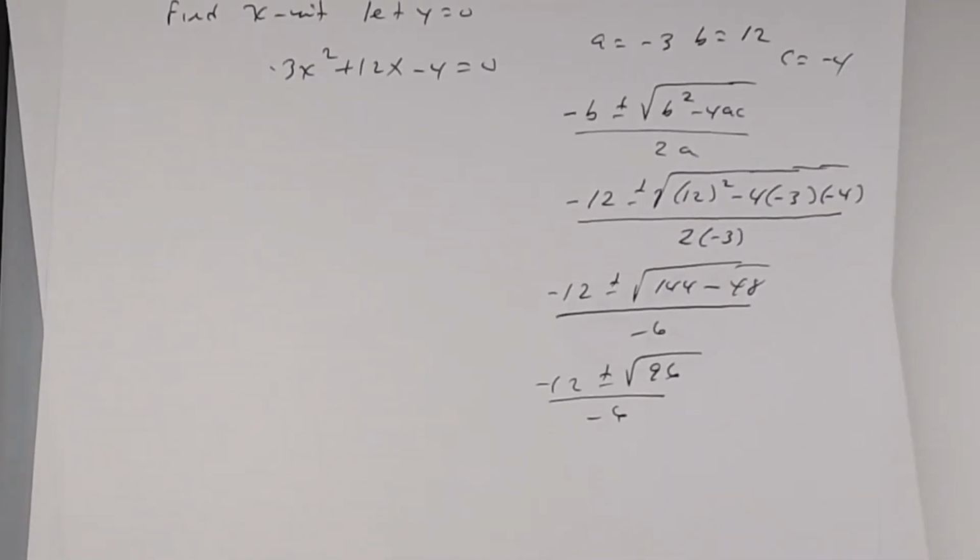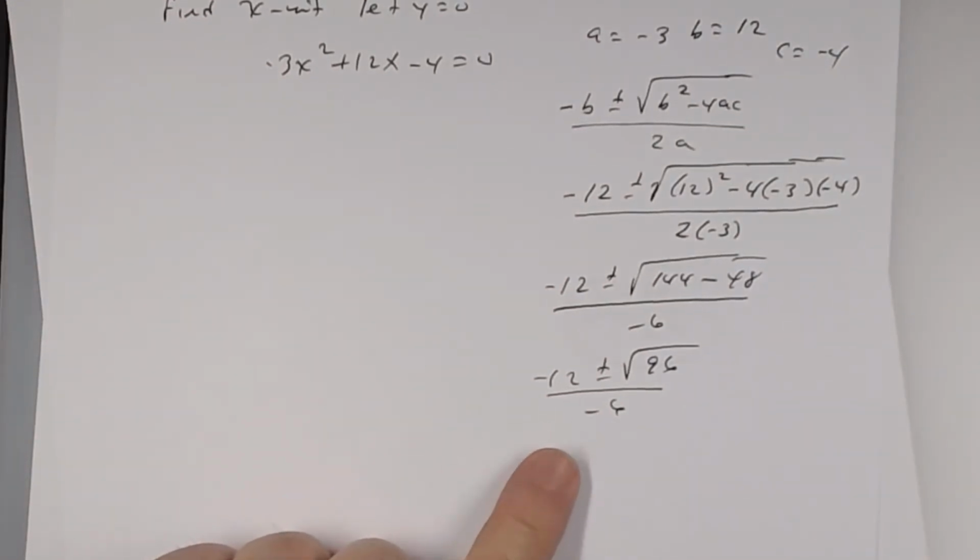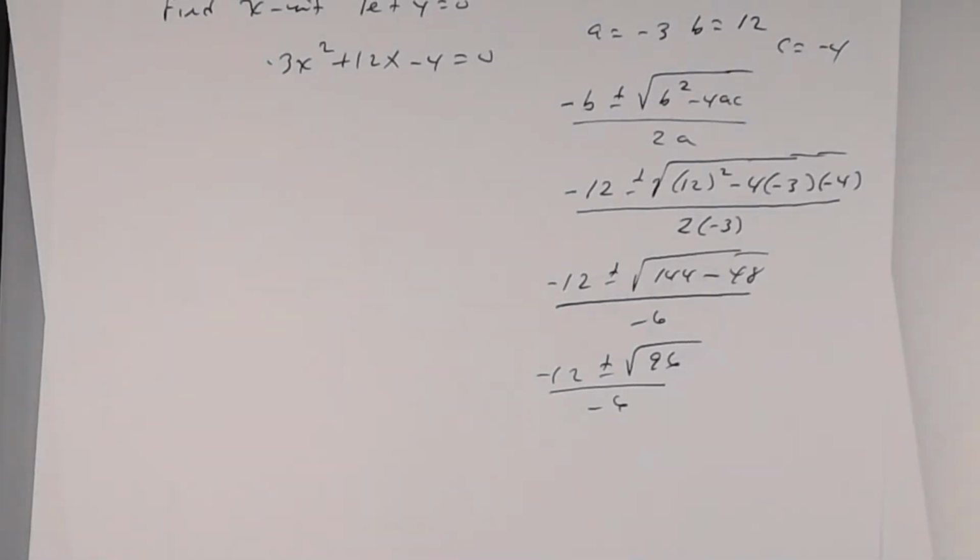All right, so listen carefully now. We're graphing. The idea here is to graph. So there's no way you can look at this and tell me where in the plane these x-intercepts are located, the way it's written. So you have to approximate. Now, is 96 a perfect square?